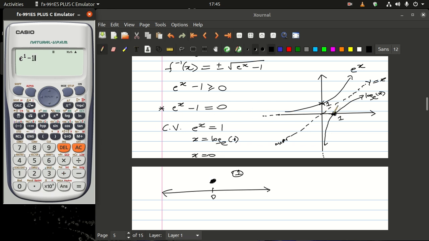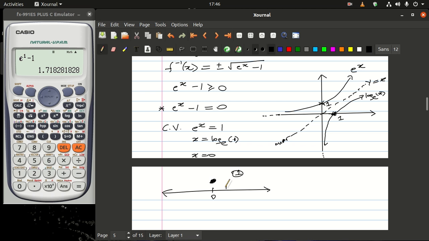What we can actually look at here is e to the power x. If I'm picking a value that is above 0, x is this side, the value of the function will always be above 1. So this is going to be positive, or you can check here that you're getting a positive value.